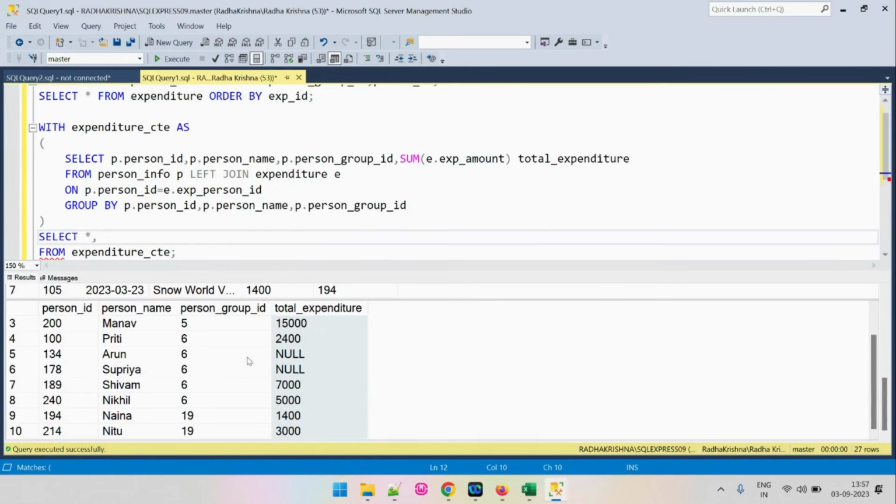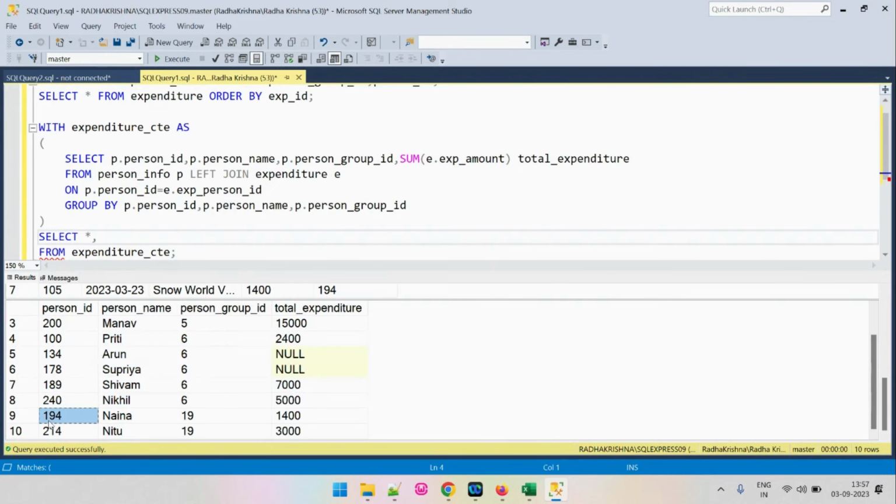For example, let's take group number 6. In group number 6, we want to find out what the total expenditure done was. How can we find that? We have to sum 2400 plus 7000 plus 5000. If we sum the total expenditure of each individual in the group, we will get the total expenditure in that group.